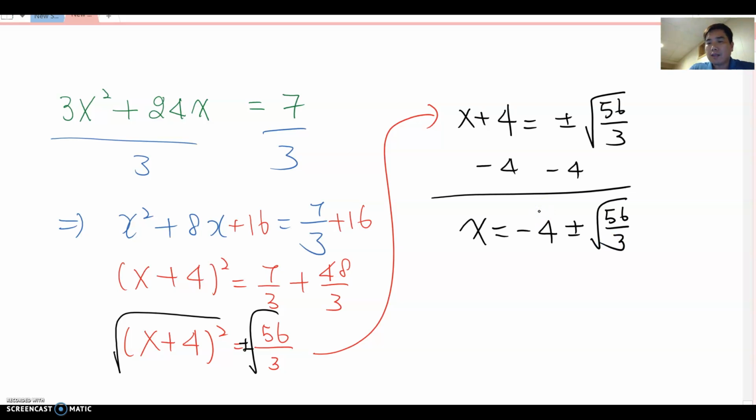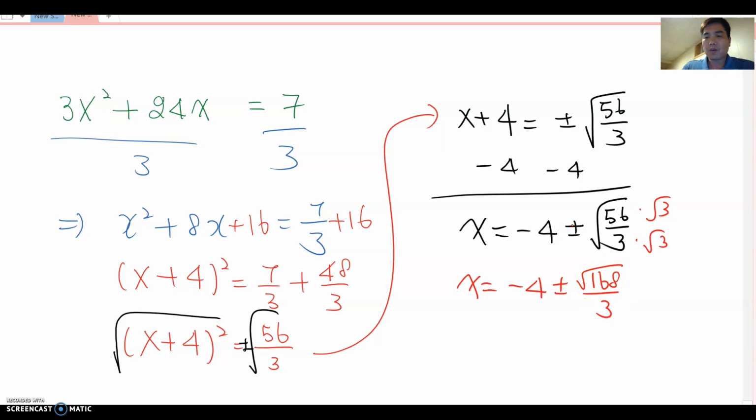But as I told you before, we don't want to write an irrational number in the denominator, so you can multiply root 3 on both numerator and denominator. Then x equal to negative 4 plus and minus root 168 over 3.